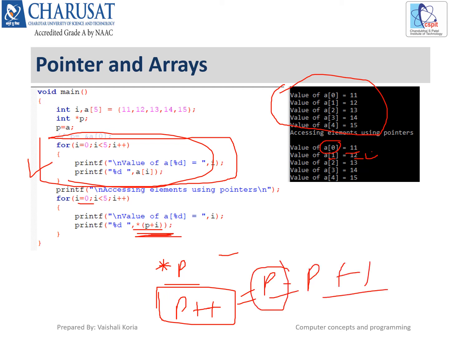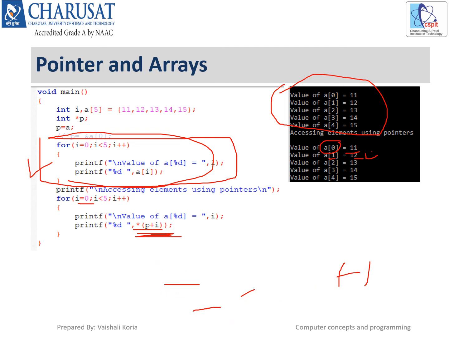So p will be changed. And the third technique is this one, where you have to write *(p + i), and we have not used any assignment operator, so the value of p will not be changed. You are just simply using the pointer variable to print the array element values.